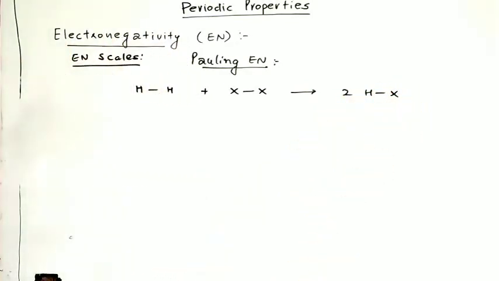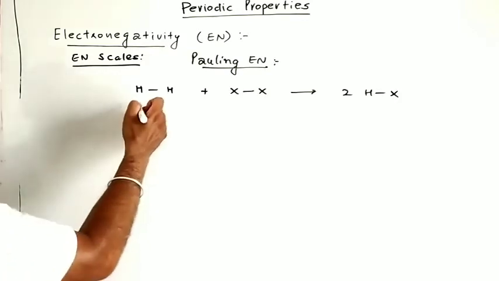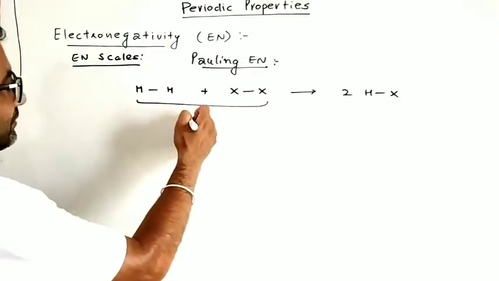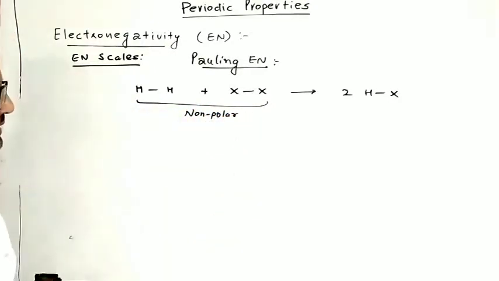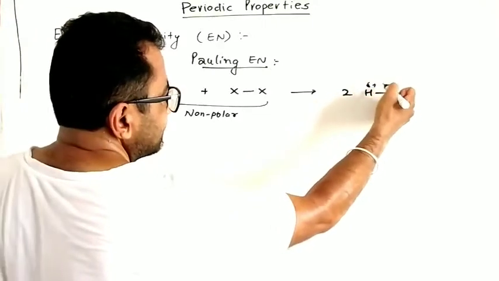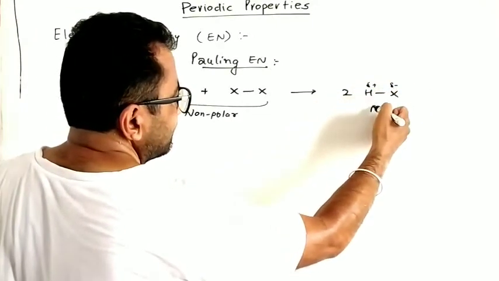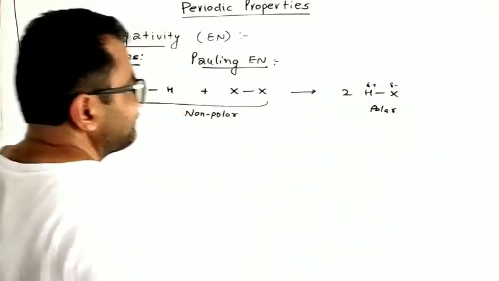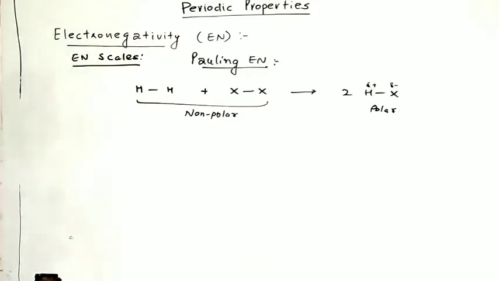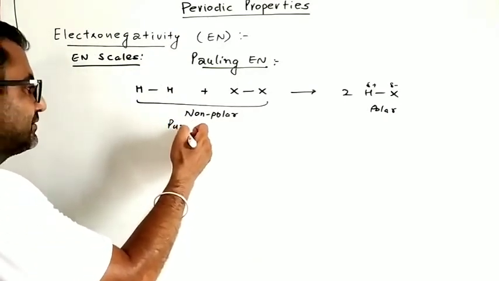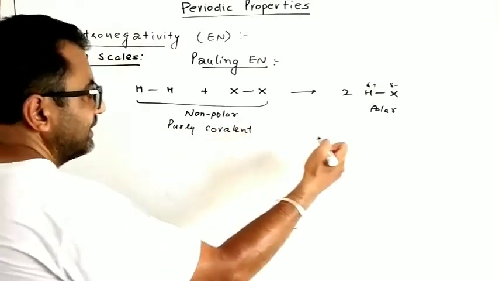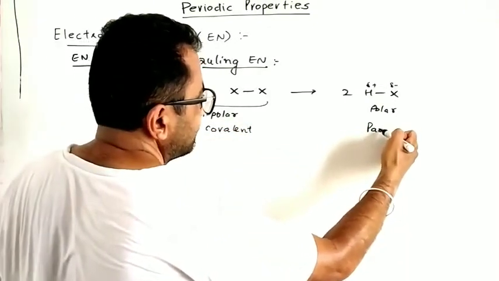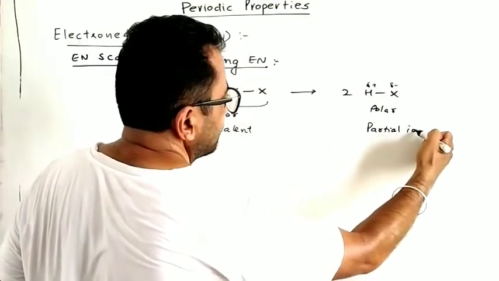What we discussed earlier: these two bonds are non-polar, and in this one a charge is developed, so it is polar. Another thing: these two bonds are purely covalent, and this one has partial ionic character.